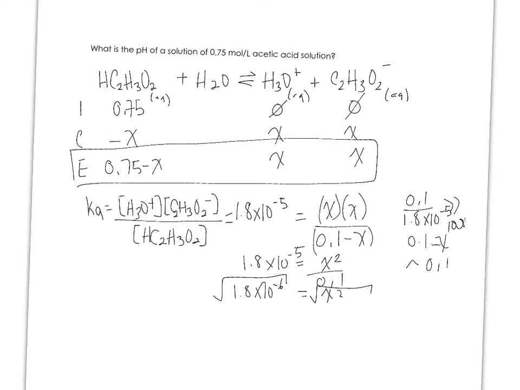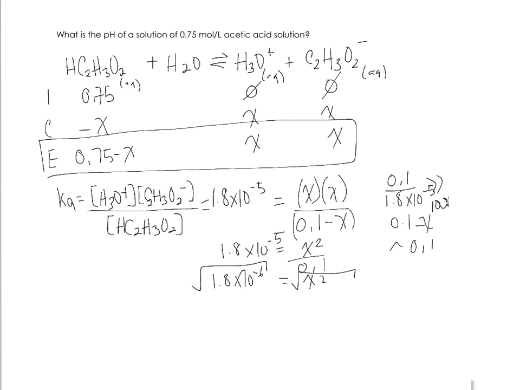Okay, so now I know my x is going to be equal to 1.3 times 10 to the negative 3 mole per liter, and this is equal to H3O plus.